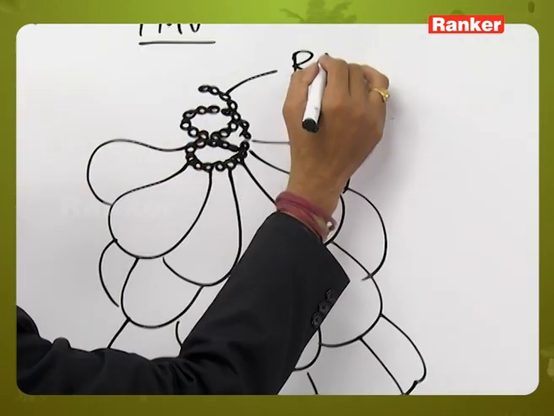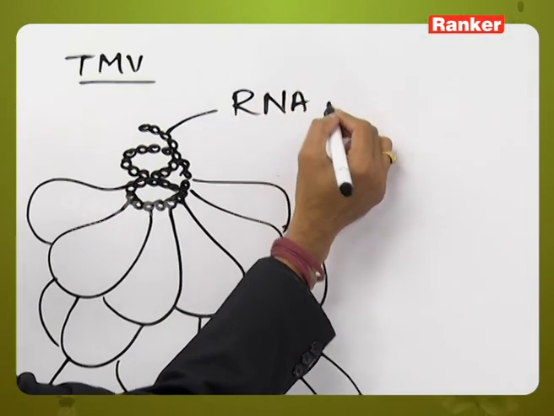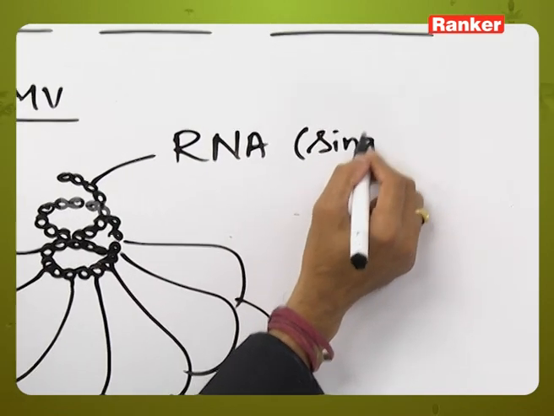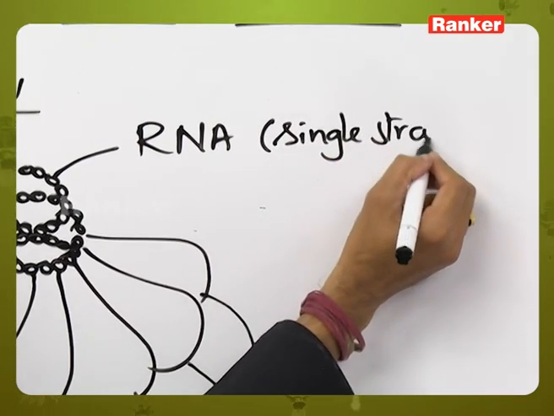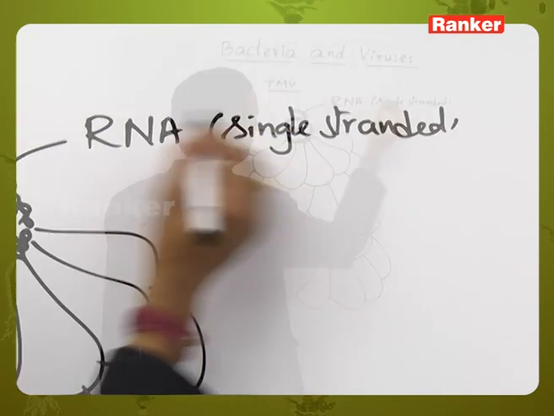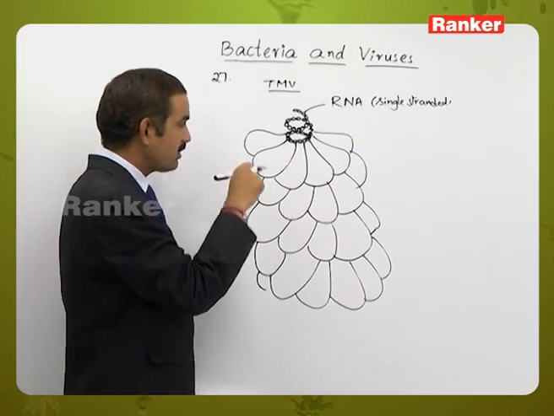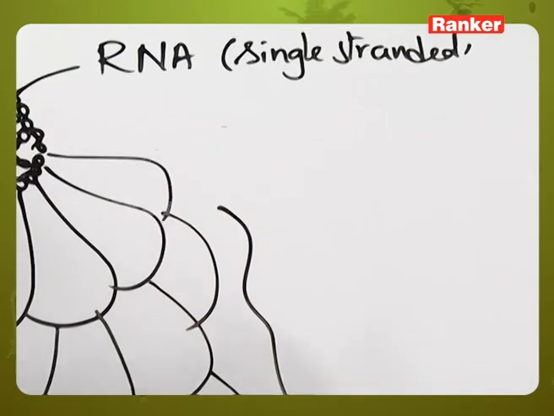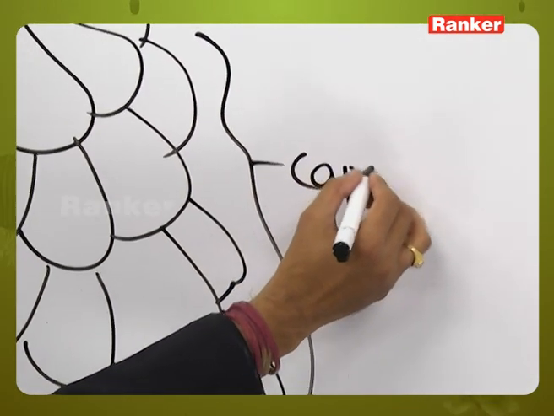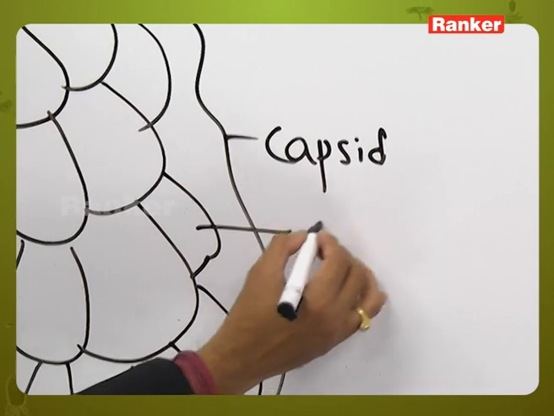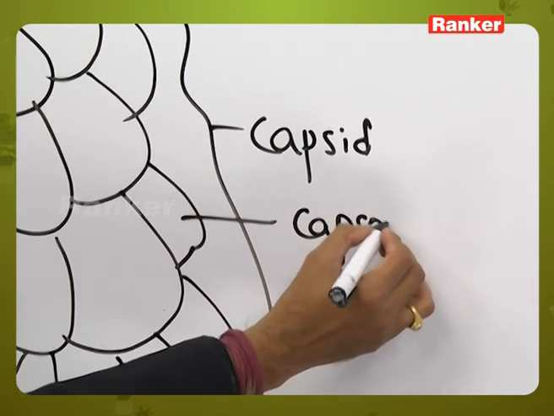So this is an RNA molecule, that is a single stranded RNA is present in the center, which is considered to be the core part, and around that, this entire part is called a capsid, and each unit is called a capsomere.